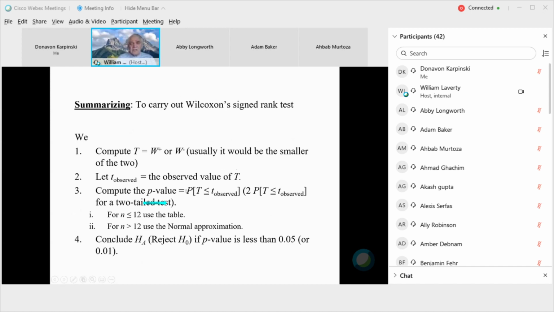There's tables for this that can be used when the sample size is small, less than 12. For n greater than 12, you can use what's called a normal approximation to the distribution of W plus and W negative. Once you've computed the p-value, you reject H naught if the p-value is small, less than 0.05 or 0.01.